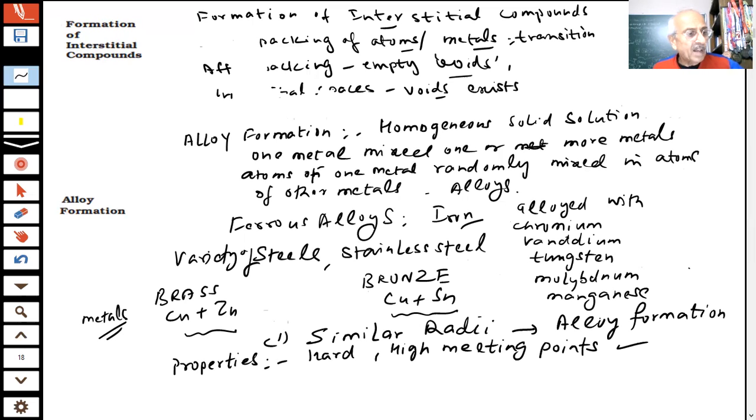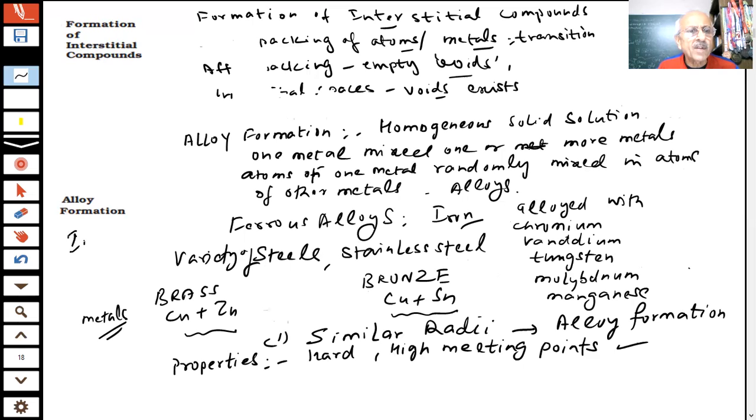Many alloys will be discussed in the lanthanides and actinides, such as mish metal. Whenever we make bodies of aeroplanes and others, we mostly use alloys. So in industries they find great application.